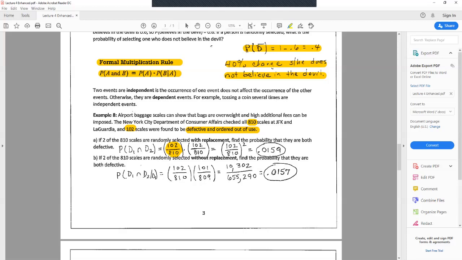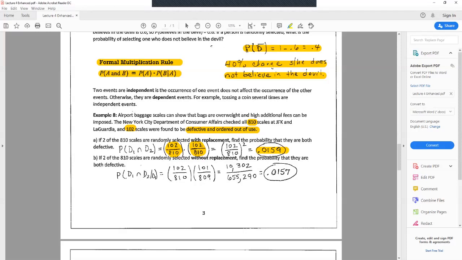And since you put the defective scale back in and you randomly choose again, you still have a 102 out of 810 chance of getting a defective scale the second time. So the probability of choosing a defective scale and then another defective scale with replacement is 102 out of 810 squared, which is 0.0159.